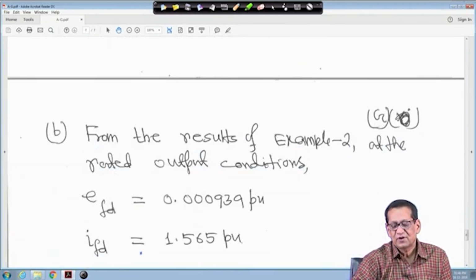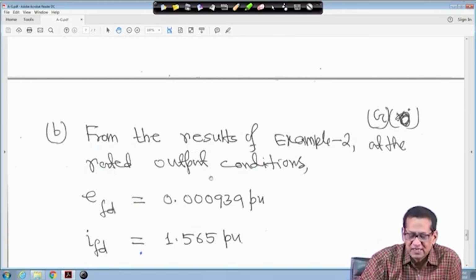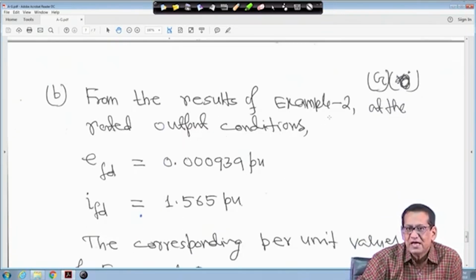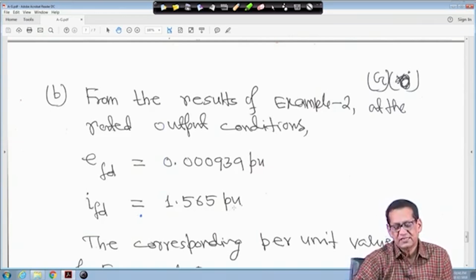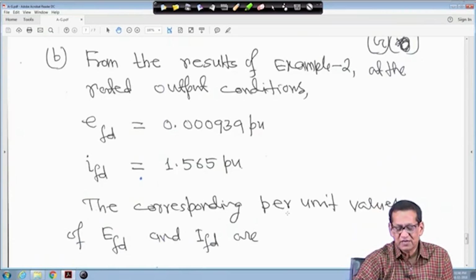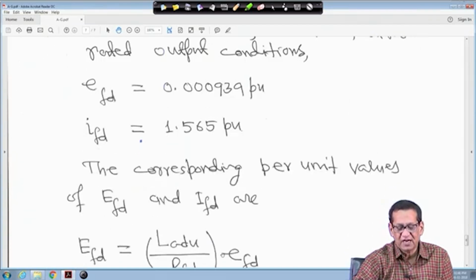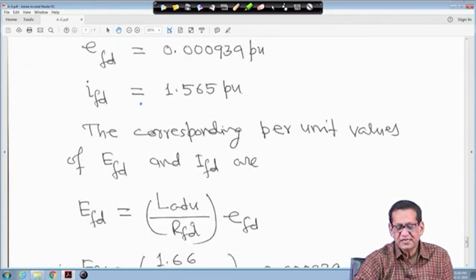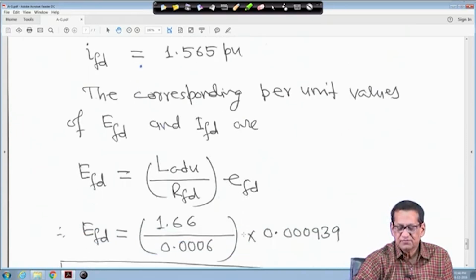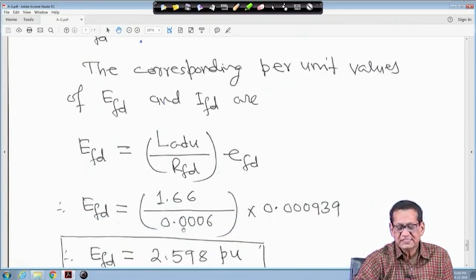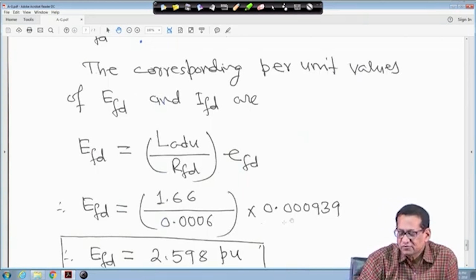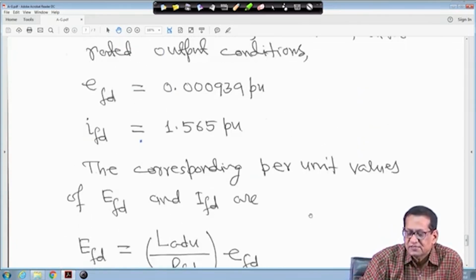Now, part B. From the results of example 2 at the rated output conditions, you go back to whatever you have done: EFD we got 0.000939 per unit and IFD we got 1.565 per unit. The corresponding per unit values of EFD and IFD are, EFD is equal to LADU upon RFD into EFD. Therefore, EFD is equal to 1.66 upon 0.0006 into 0.000939.